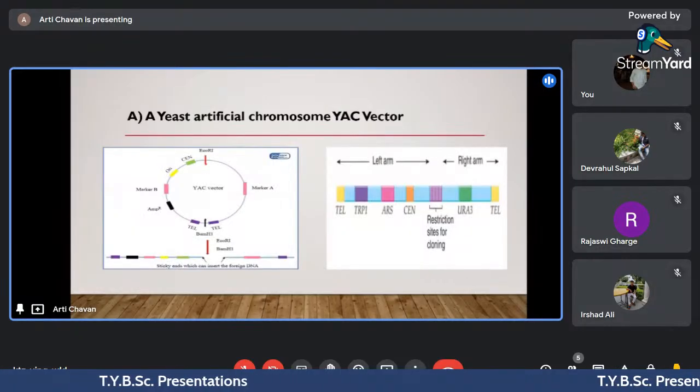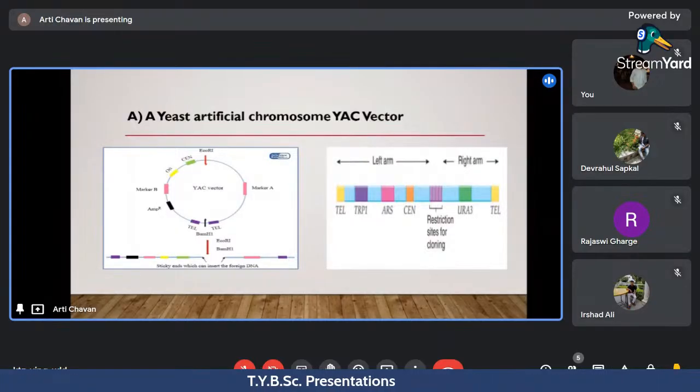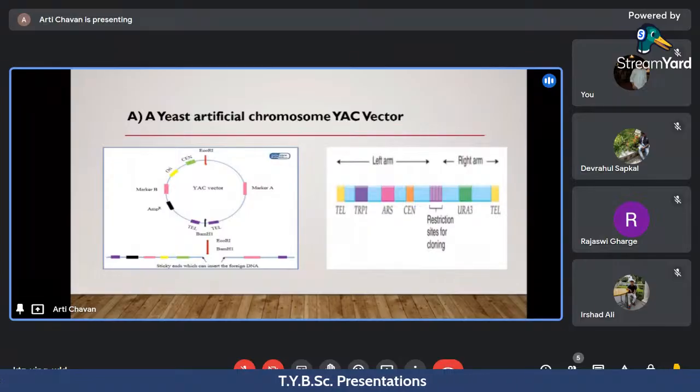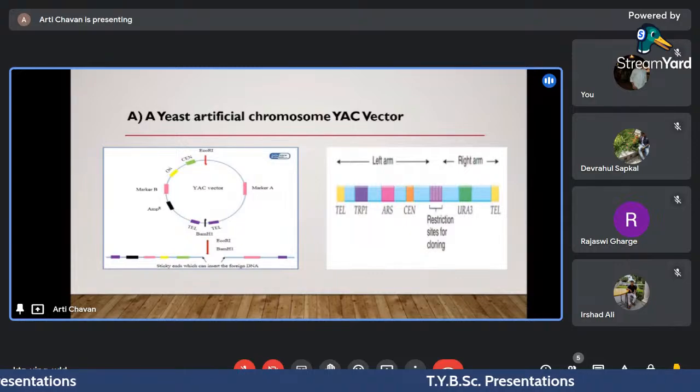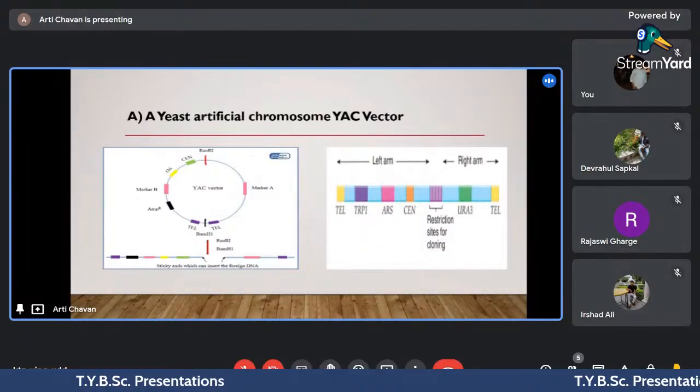So this is a diagram I'm going to explain. This particular YAC vector can be maintained in bacteria as well as in yeast. The host cell is also yeast, but it can be maintained in bacteria for the purpose of replication.